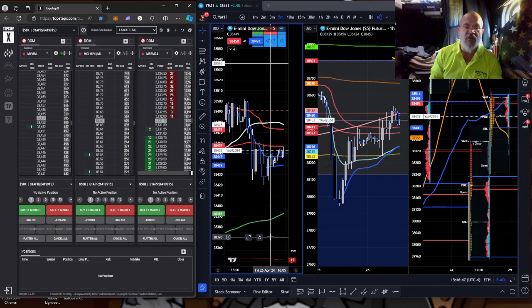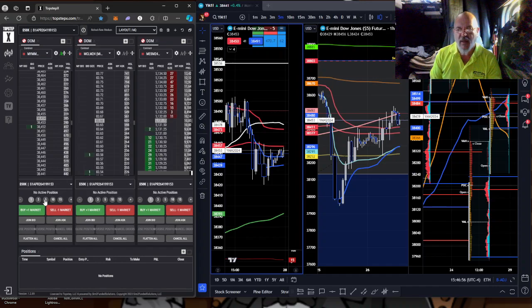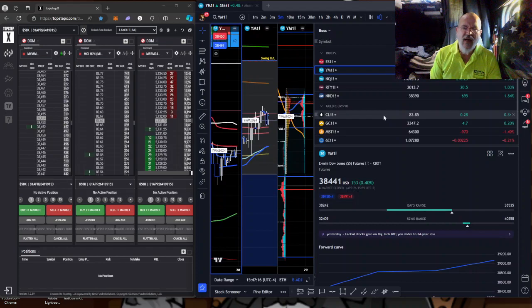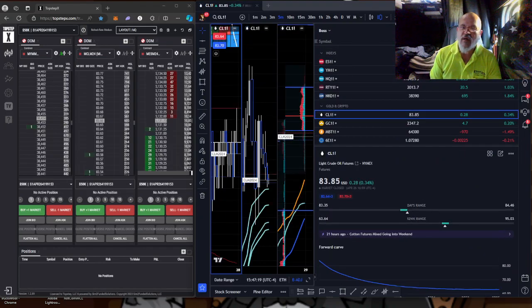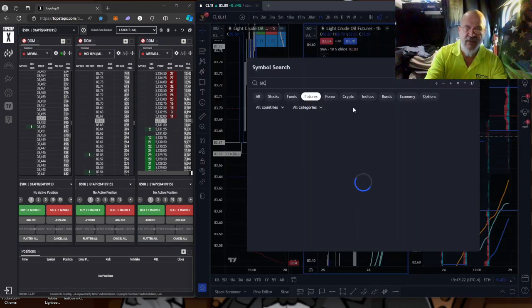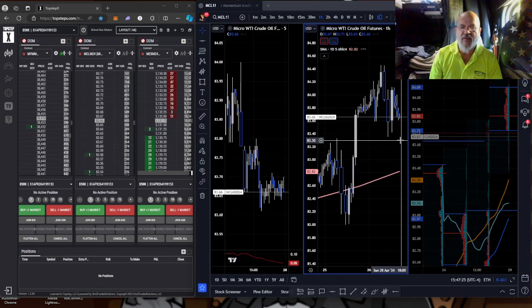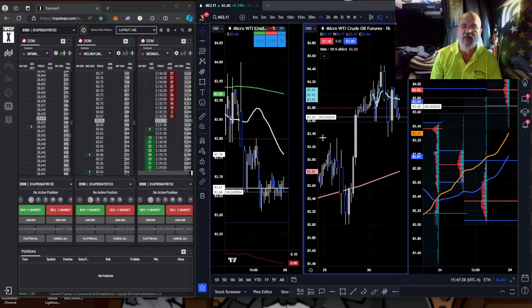So if I see a trade in the Dow and I initiate it with 5 micros, and while I'm waiting, because I'm not going to add to a trade right away, I want it to move a little bit, have a pullback, and give me that add signal, I know I've got a little while, and I already know my risk settings. If it stops me out, it stops me out. So once I've got a trade on in the Dow, I can move on over to MCL, since I'm trading micros over here.